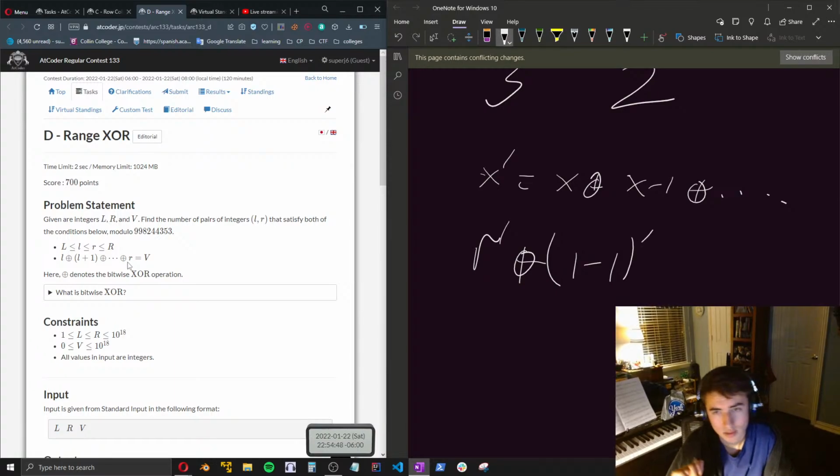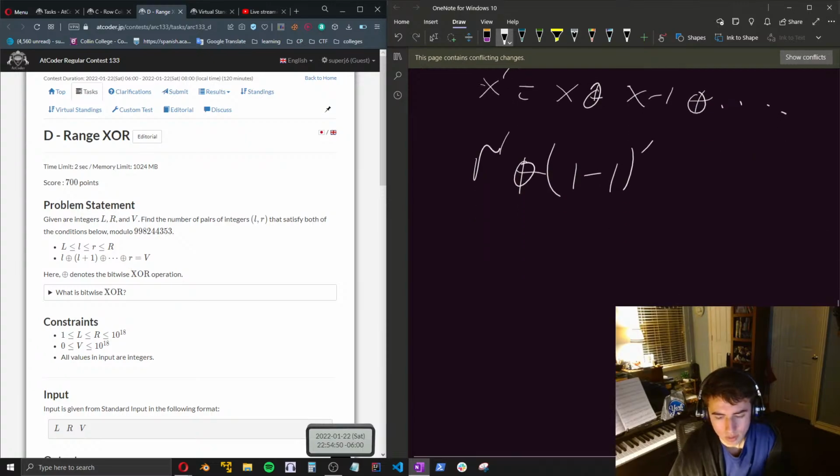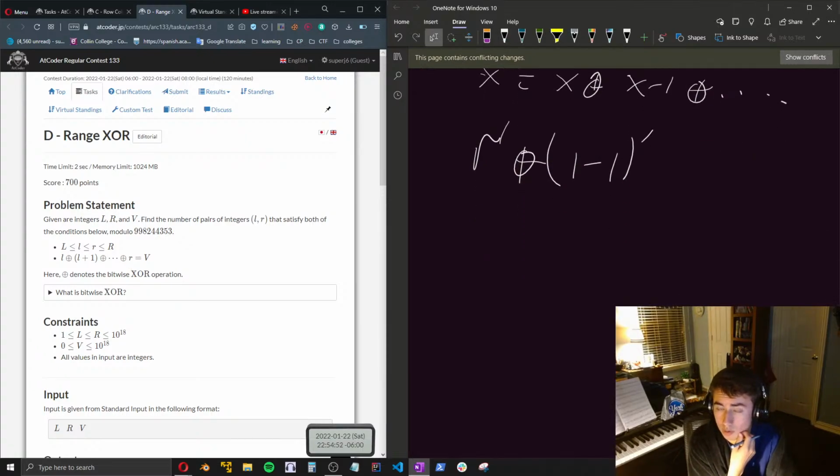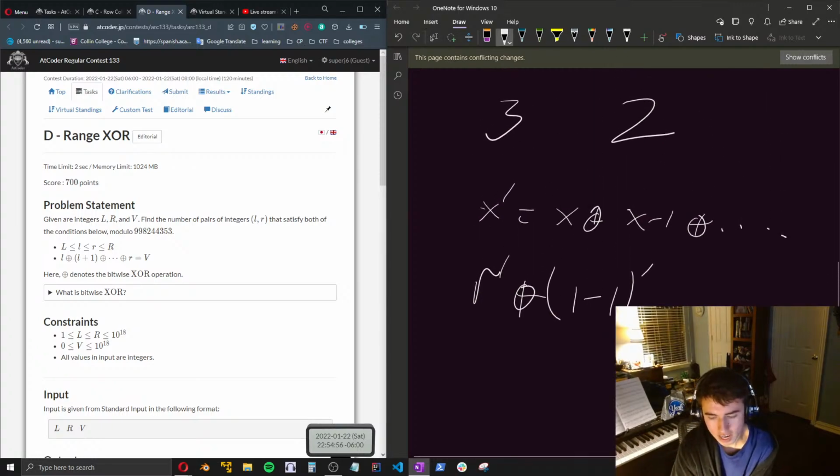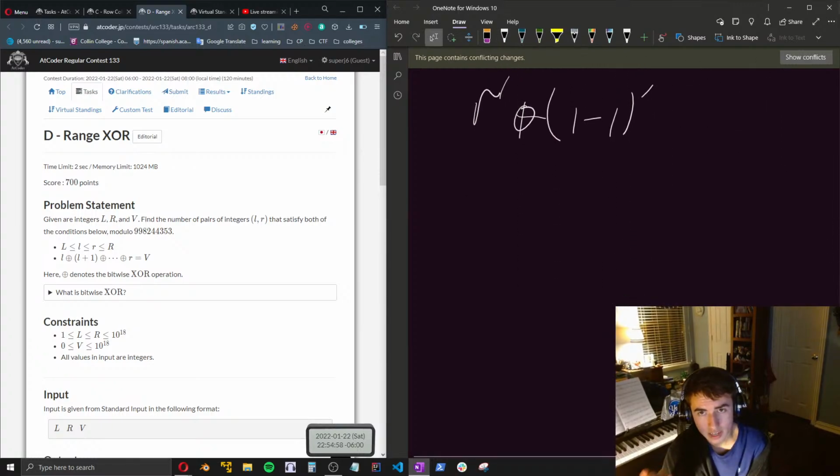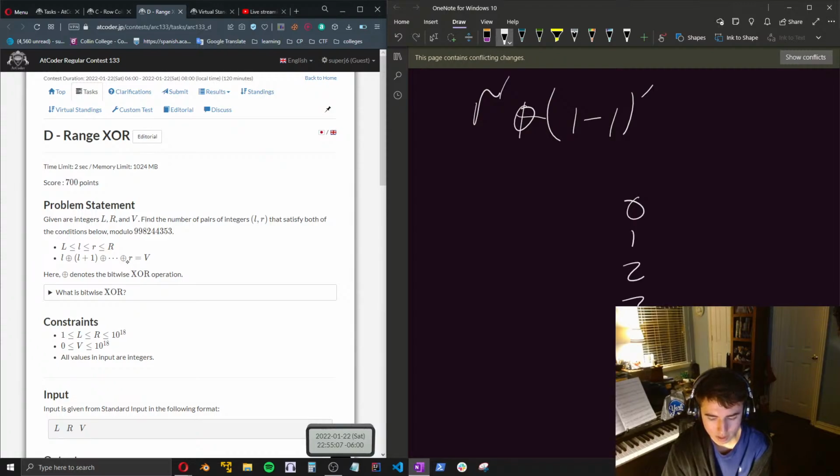And now it's pretty well known that this sort of x prime function has a pretty nice pattern. It's different cases based on modulo 4. So look at 0, 1, 2, 3, 4, 5, 6, 7. So start out with 0, 1, 3, 0.